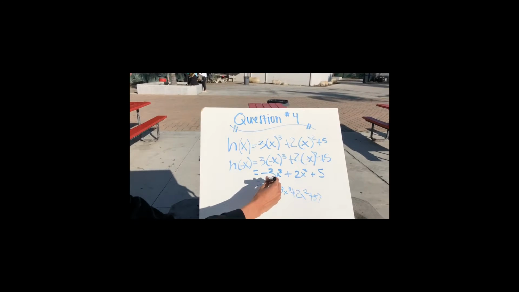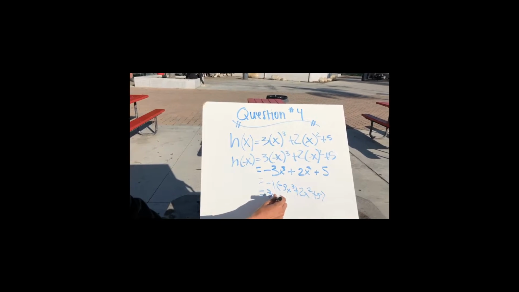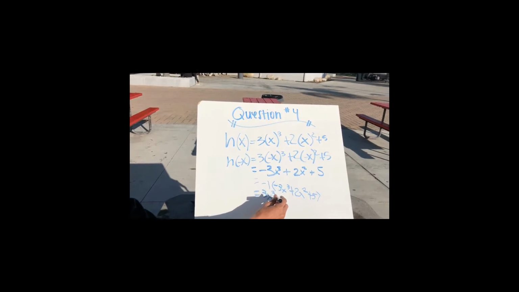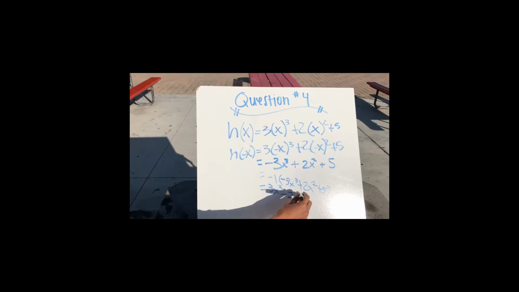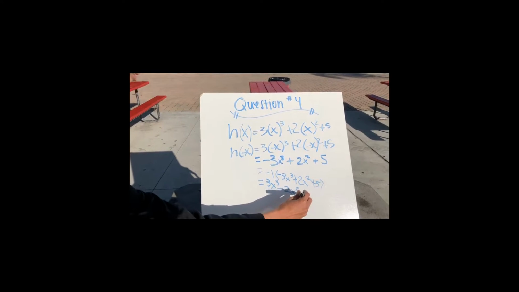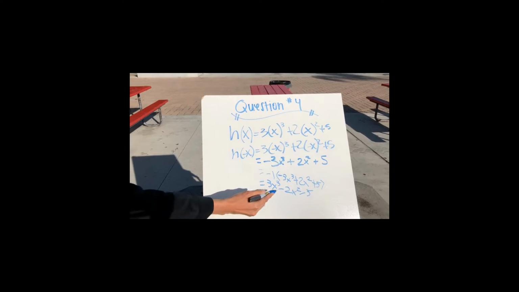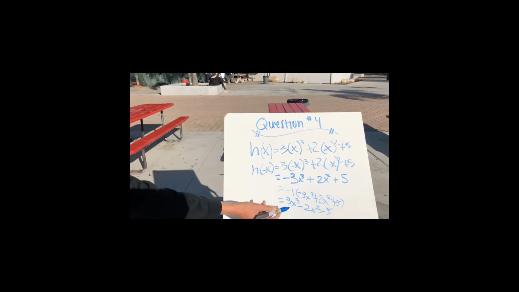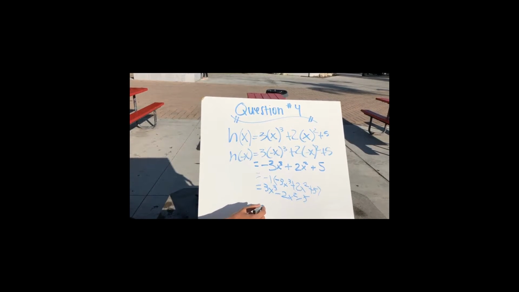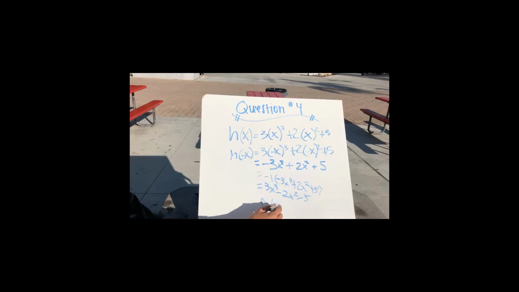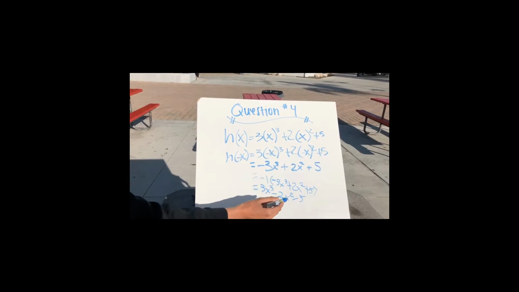If I distribute the negative through them all, I would get 3x cubed minus 2x squared minus 5. So this is not odd because it still doesn't match. So it's neither, because none of those equations match.